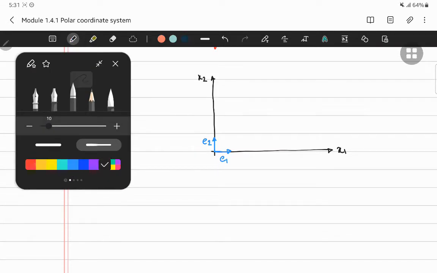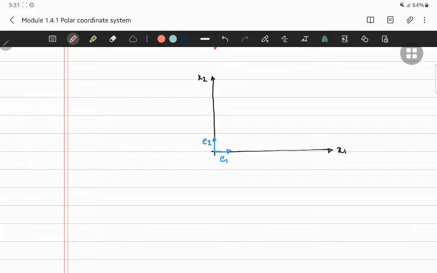In the polar coordinate system, if you have a point here, for example, you only need to know r, which is the radius, and theta, the angle that it makes, for example, with x1.